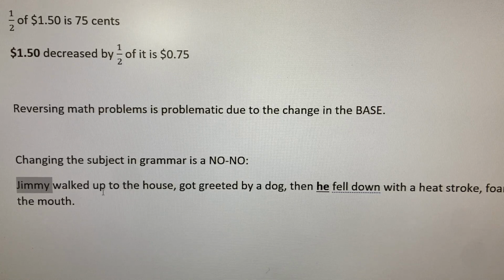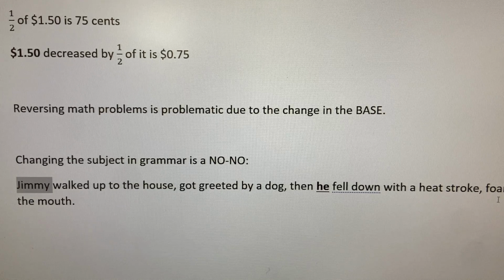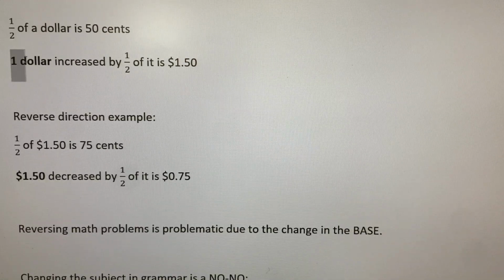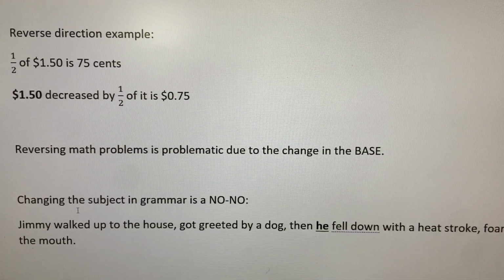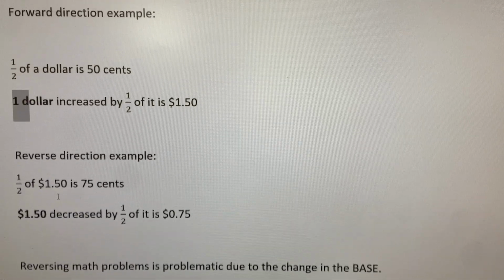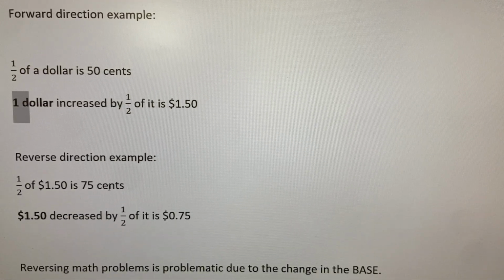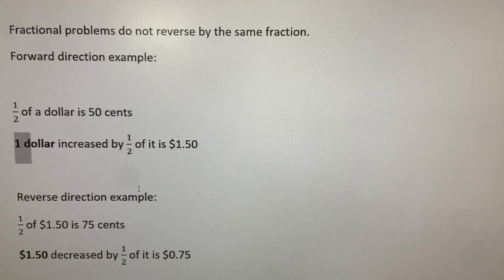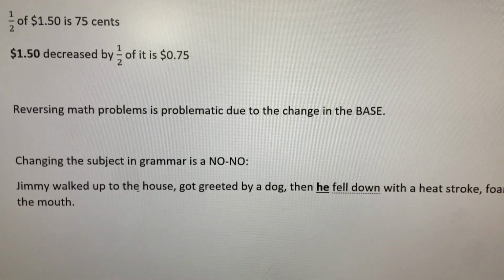If the sentence starts with Jimmy and the dog got a heat stroke, that's changing the subject very subtly. So changing the subject is similar to changing the base in a calculation. That's a no-no. That's why reversing percentage calculations or fractional problems don't work, because the bases are going to be different.